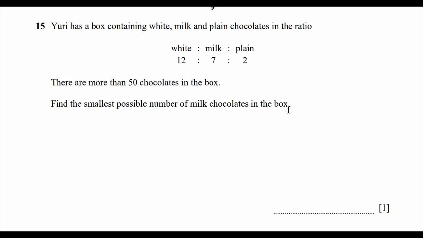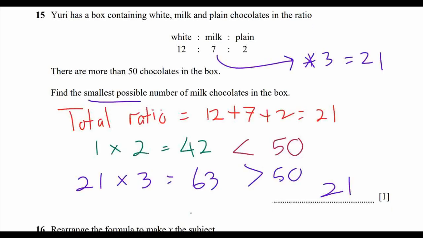Alright, let's check out the answer, guys. It's 21. So how do we get 21? We add up 12 plus 7 plus 2, so the total ratio becomes 21. It says that there are more than 50 chocolates. If we times the total ratio by 2, we get 42, which is still less than 50.